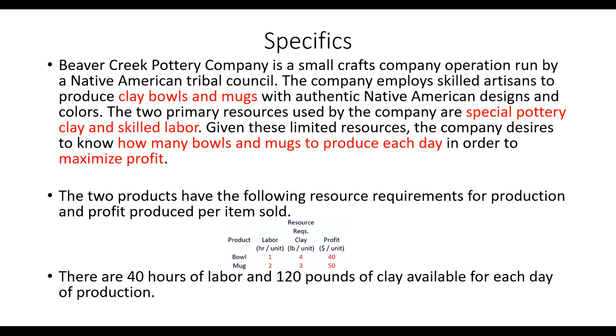And the profit per unit is $40 for every bowl and $50 for every mug. We see that there are 40 hours of labor and 120 pounds of clay available for each day of production. So this is our basic information given to us.